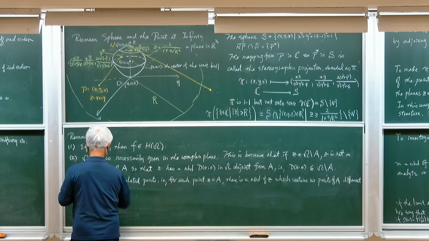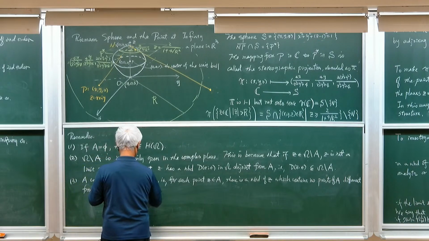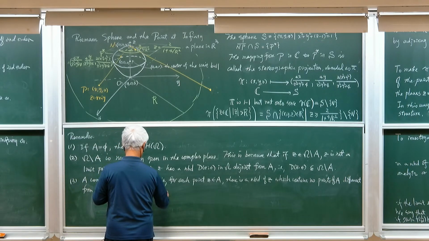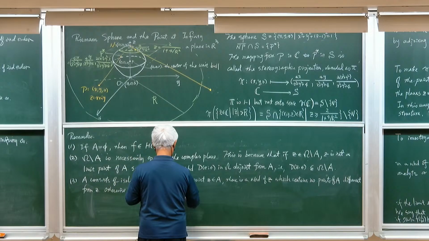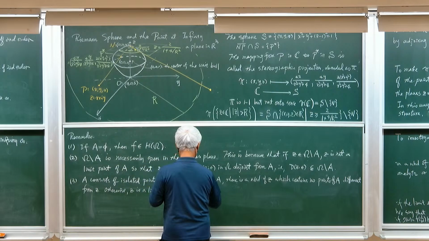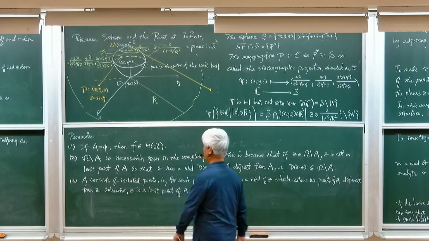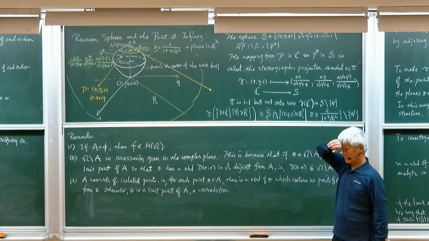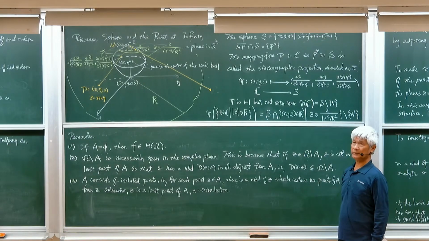Otherwise, z is a limit point of A, which is a contradiction. So A consists of isolated points.